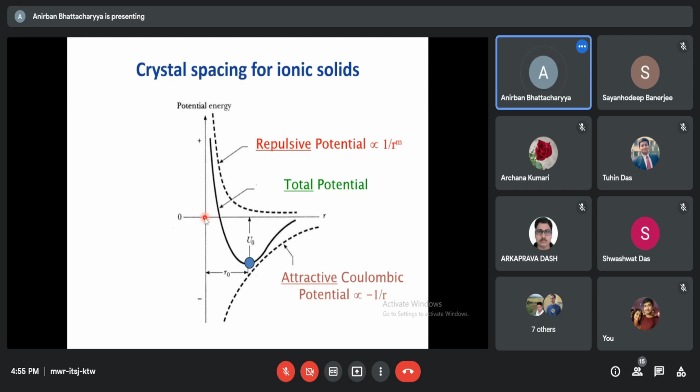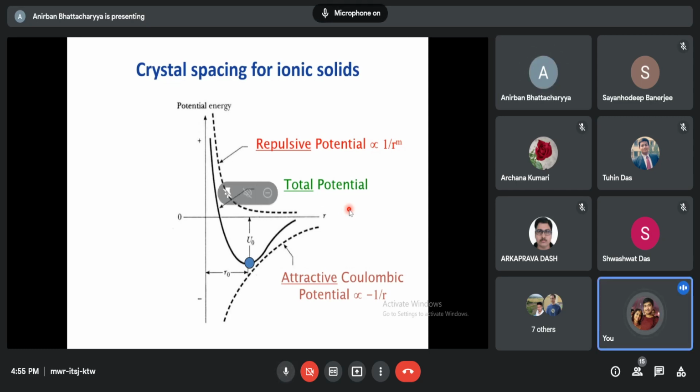Now, what is the potential energy of the oppositely charged ion? How does it depend on distance? What is the formula for potential energy in electrostatics? It goes as 1 by R, right? 1 by R.